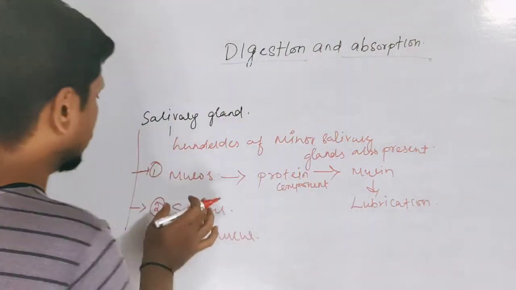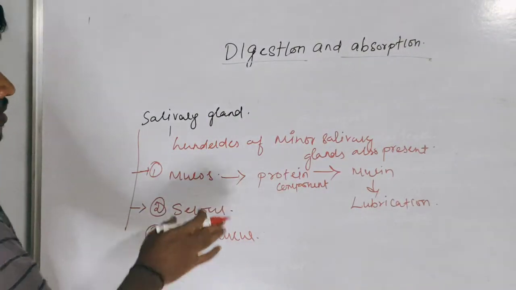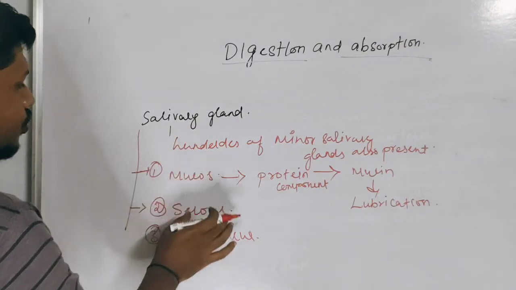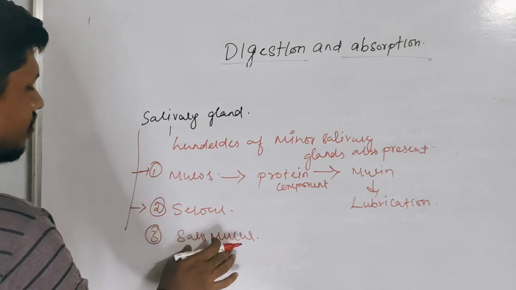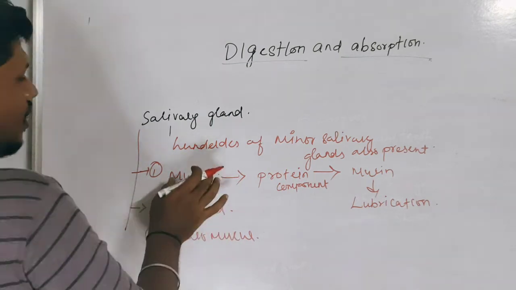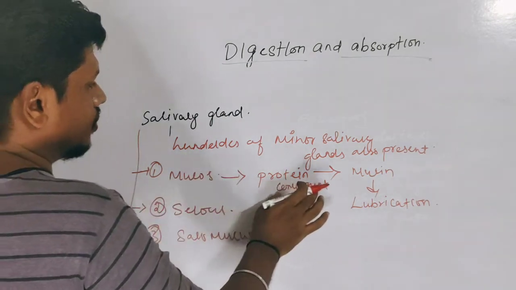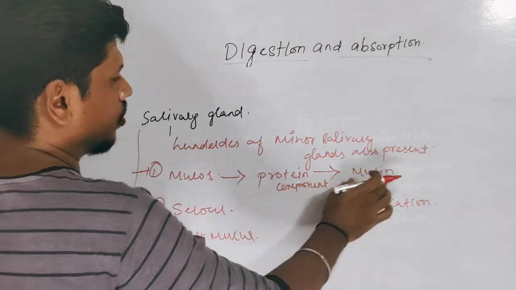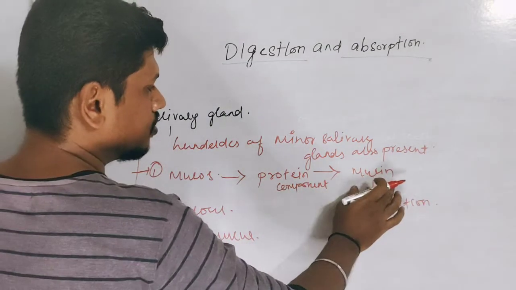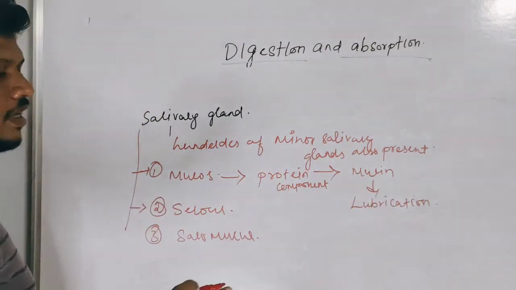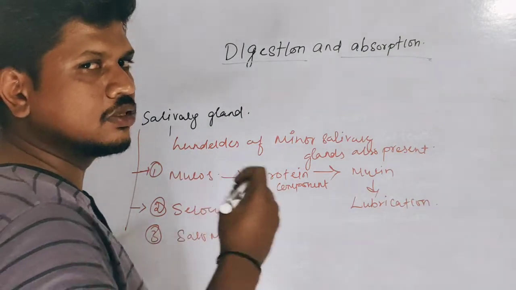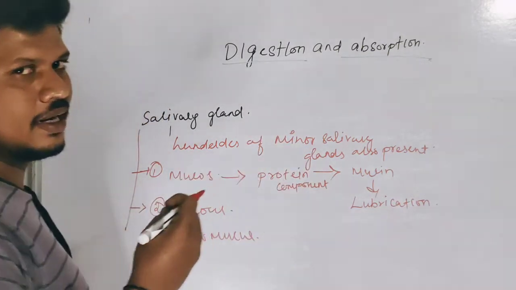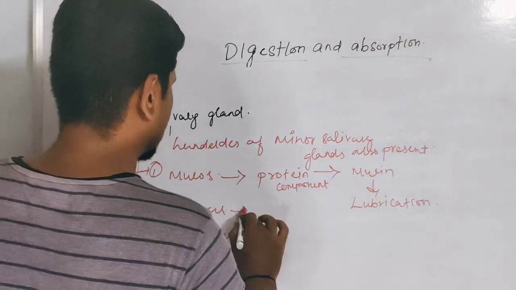Right? I repeat, salivary glands we can classify into mucus, serous, and seromucus. Finally, this mucus is going to synthesize one protein component. They call it mucin. These mucins are responsible for lubrication. Right? It is going to make lubricant. Clear?